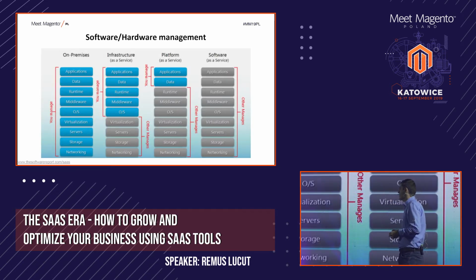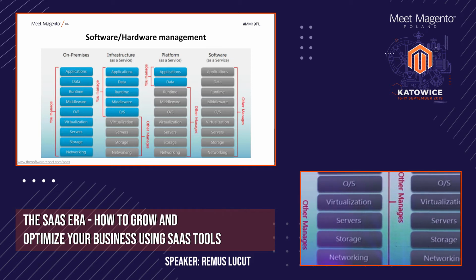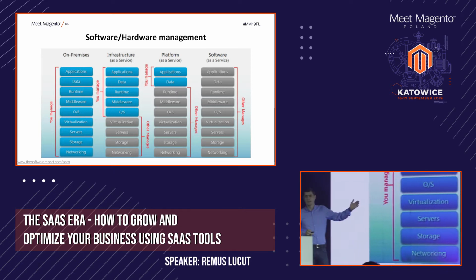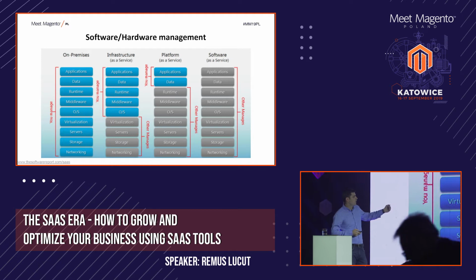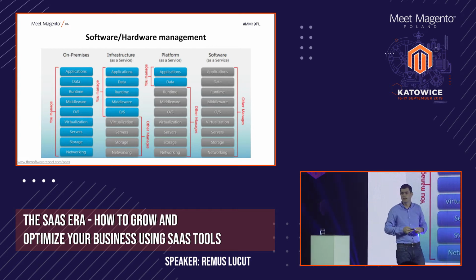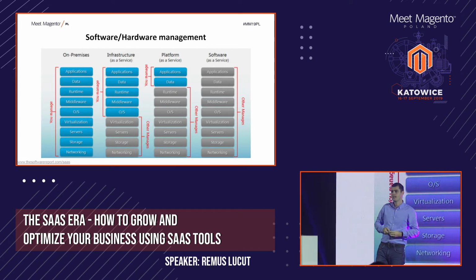This is how it looked a long time ago, where companies had to manage everything from the hardware to the operating system and throughout all the applications and other services that they used. It's been a long journey since the 1960s. But as we can see now, as a business owner, I don't have to manage this whole chain of elements, this whole chain of events where something might go wrong or something might not work.